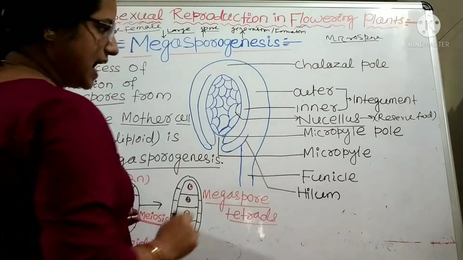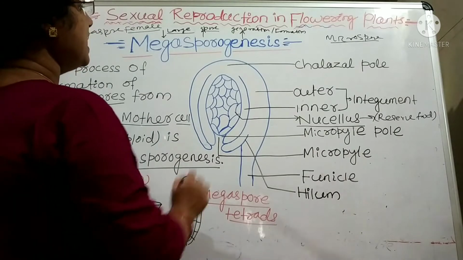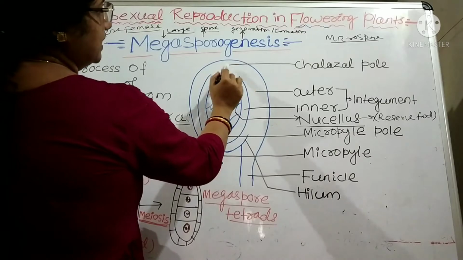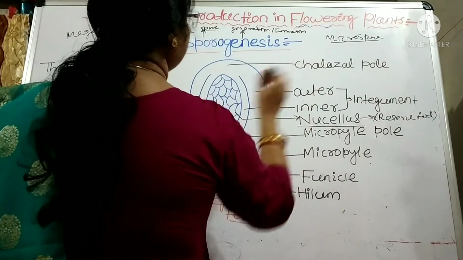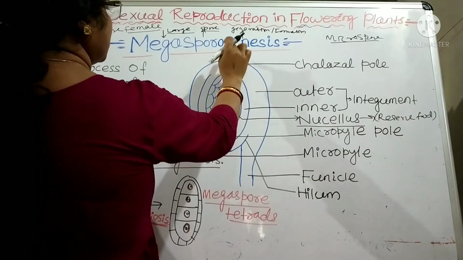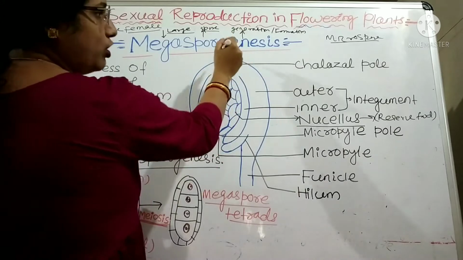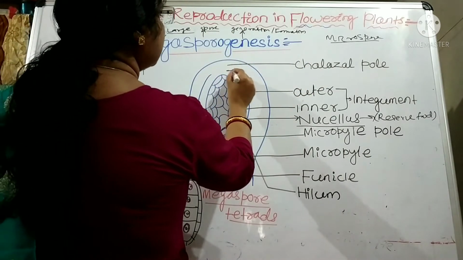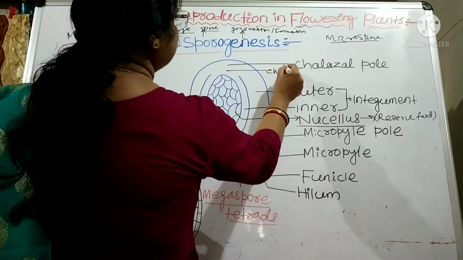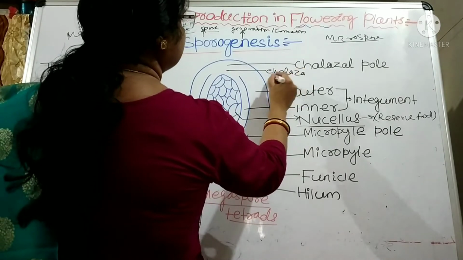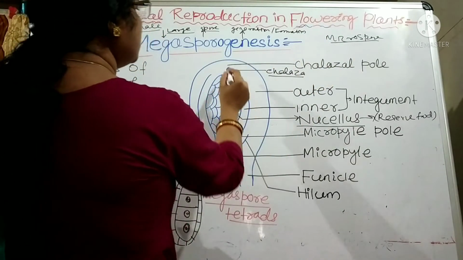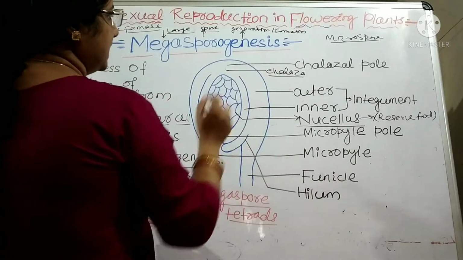The swollen part is known as the chalazal pole, and this point is known as chalaza.